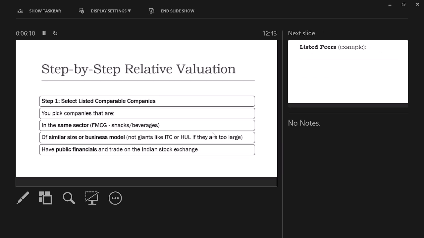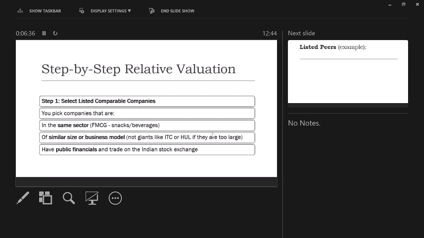Now what you are supposed to read, these are the steps. Just read. Step 1. Select listed comparable companies. Three companies that are in the same sector, FMCG snacks and beverages, of similar size or business model, not giants like ITC or HUL, which are too large, that have public financials and trade on the Indian stock exchange. So now you are looking for comparable companies.